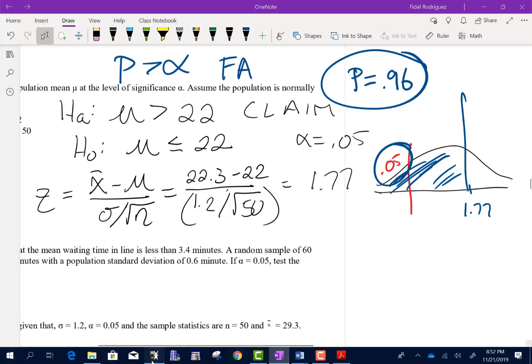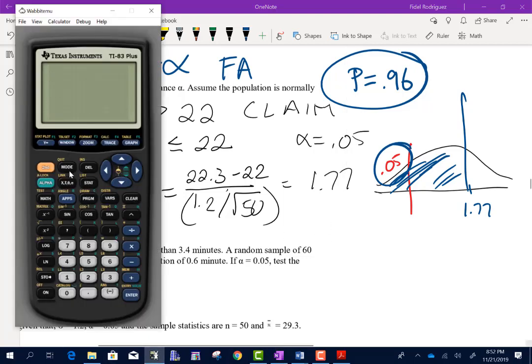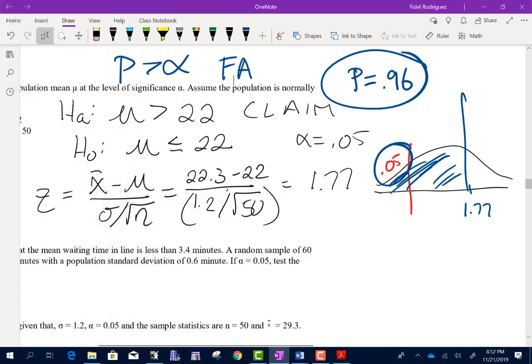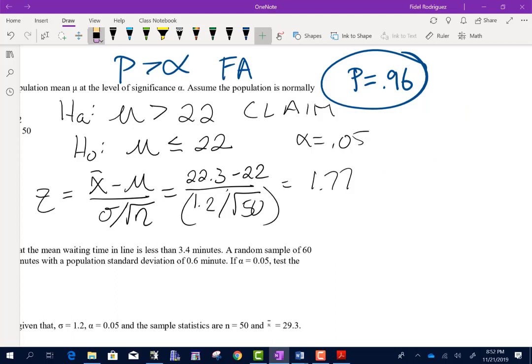Let me see. Maybe I did something wrong. Hold on. Oh, is that what I did? Okay. Ah, that's right. My mistake. There we go. I didn't even think about that. You're right. Oops. Sorry.